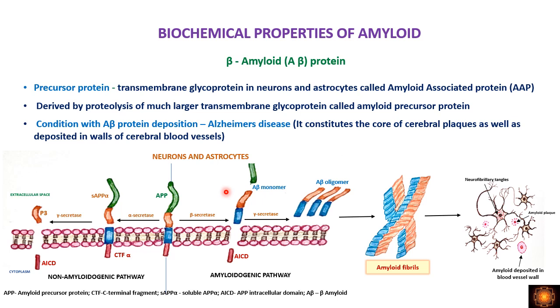But if it is acted upon by beta secretase and gamma secretase, they break at the point where they form monomers, that is A beta monomers. These monomers aggregate and form A beta oligomers. Later these oligomers accumulate, undergo a conformational change, and form amyloid fibrils. These amyloid fibrils get deposited in the brain. They form the plaques, then the neurofibrillary tangles, and they get deposited around the blood vessels also. This we see in the condition called Alzheimer's disease.